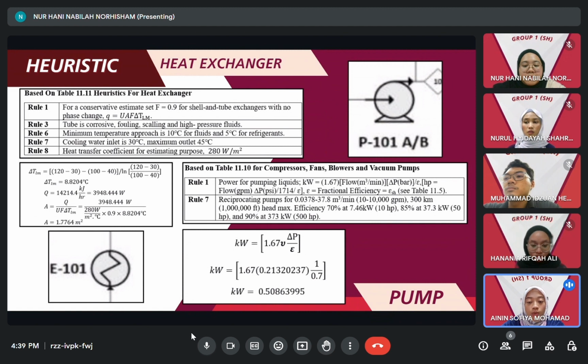For the fractional efficiency, we utilize rule number 7. The efficiency is 70%. When we substitute all the values, we get the shaft power to be 0.5086 kilowatt.